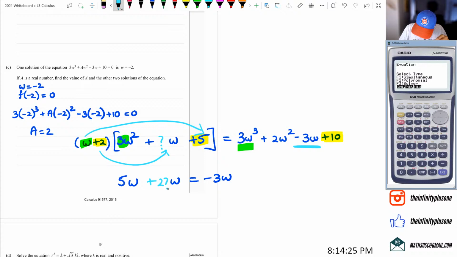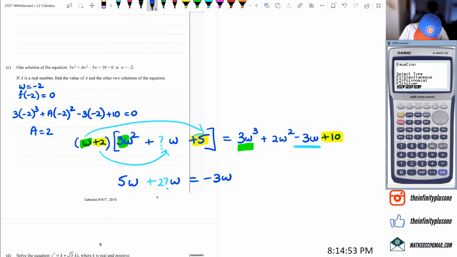But I'm trying to prove what that question mark is, and I'm doing something wrong here. What am I doing wrong? I'm getting minus 4. Oh no, I am supposed to get minus 4. That's fine.